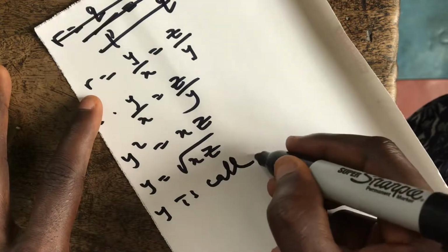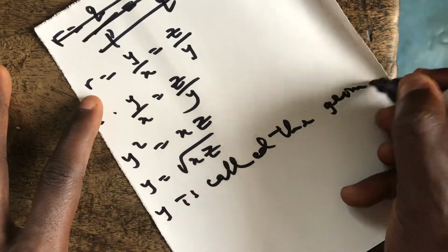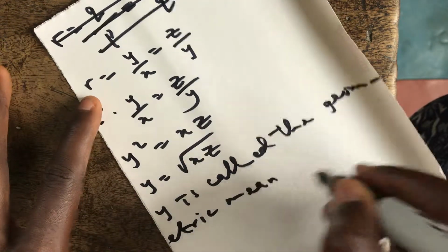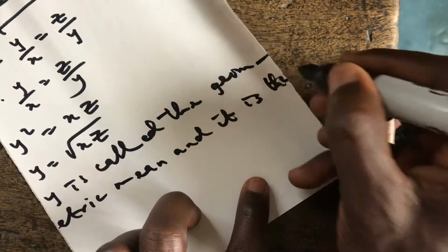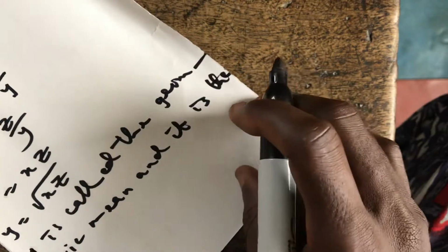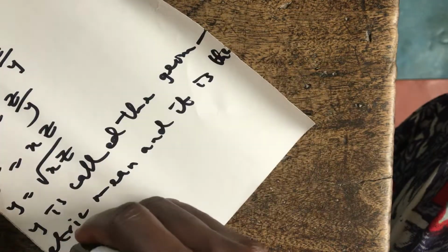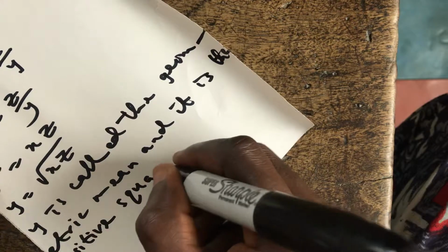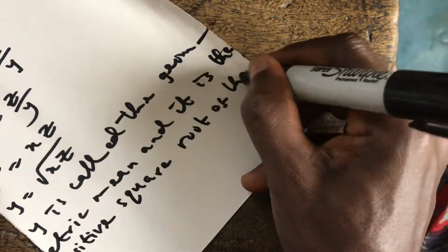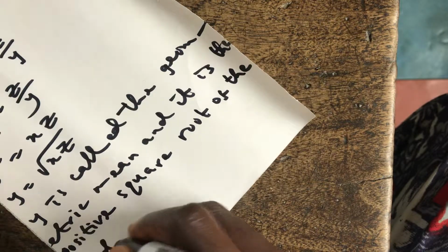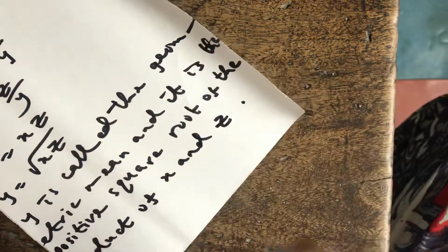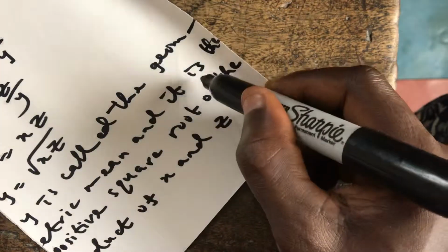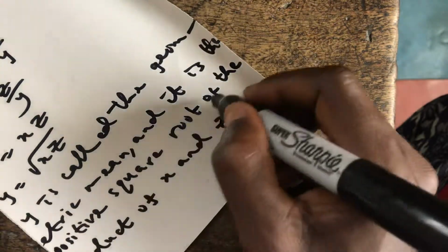Y is called the geometric mean, and it is the positive square root of the product of X and Z.